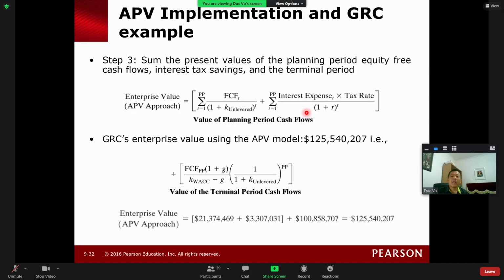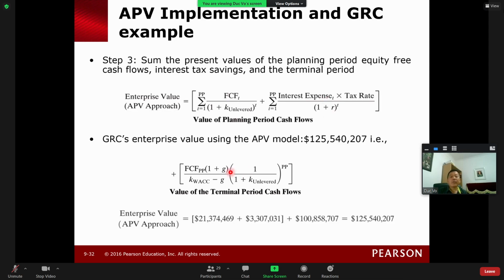So now if you combine everything, when you use the APV approach for the first 5 or 6 years, the planning period free cash flow, there will be two components. The first component is the unlevered free cash flow. The second component is the interest tax saving. And make sure that you use the cost of equity as the discount rate for the first component, and you use the cost of debt as the discount rate for the second component.